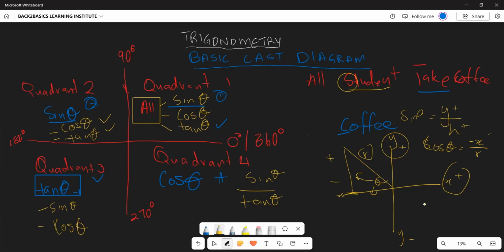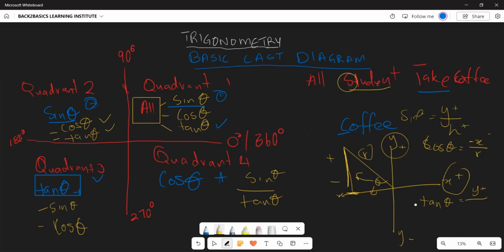Now, let's say you are looking for your tan of theta. We are still looking at this one. Remember, tan of theta is given by opposite over adjacent, right? The opposite side is this side, the positive y side.